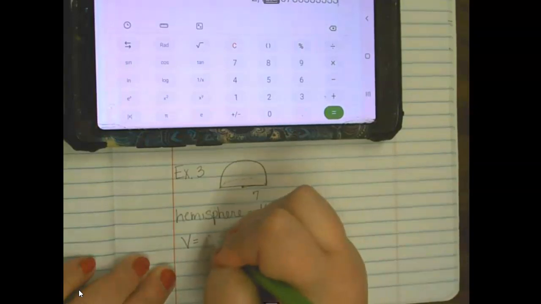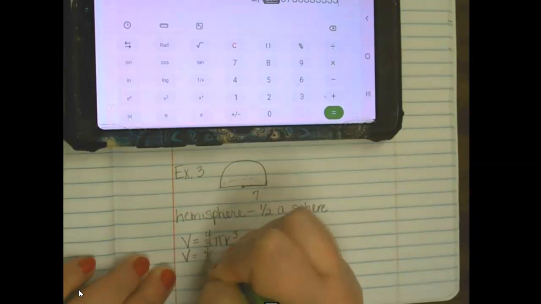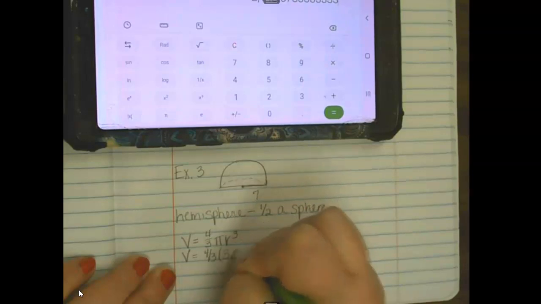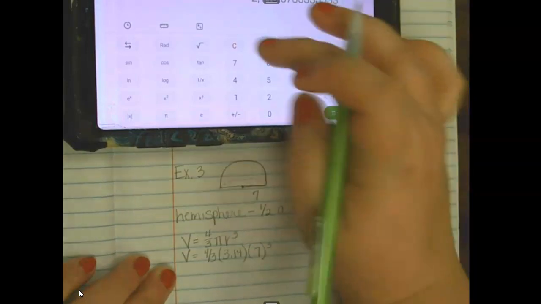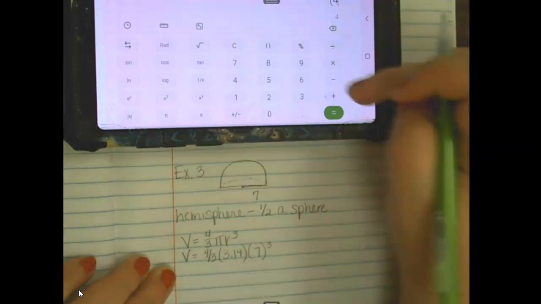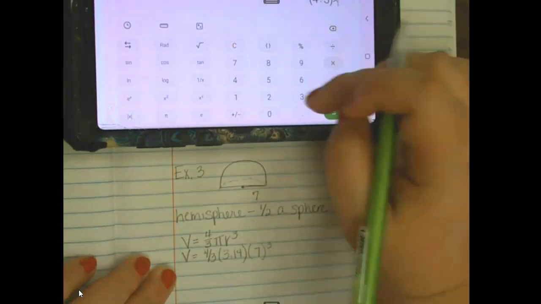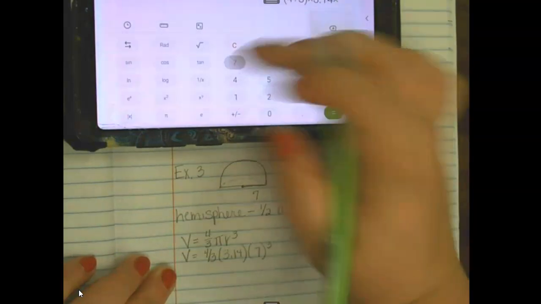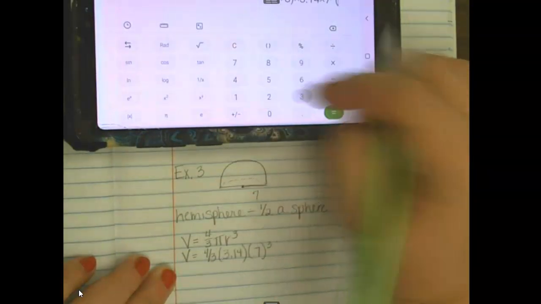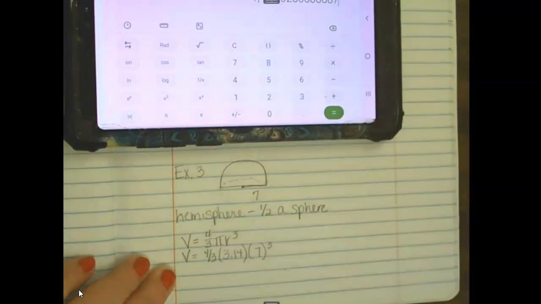So I have 4/3 pi r cubed, volume equals 4/3 times 3.14, and that is a radius of 7. So I'm going to do 4 divided by 3, times pi, times 7 cubed, and push equals.